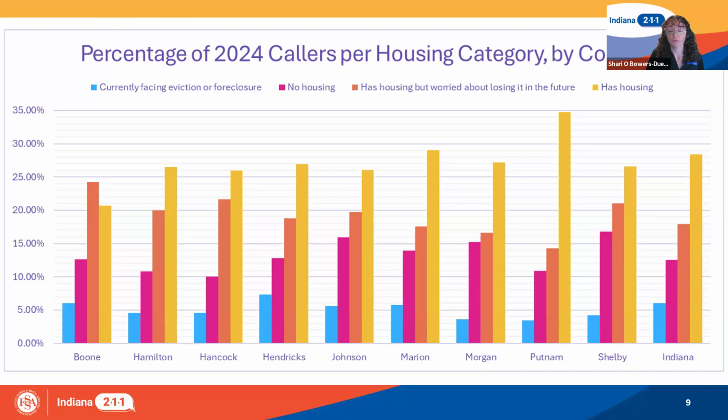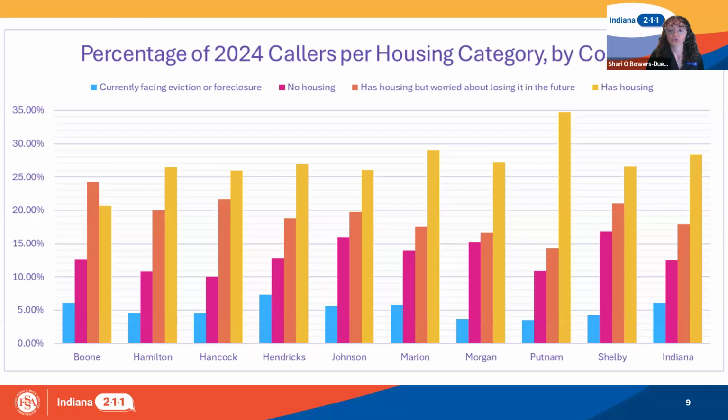The largest group for Boone County and the second largest group for all other counties and for the state as a whole was those who had housing and were worried about losing it in the future, with the percentage of callers in that group ranging from 14% to 24%.